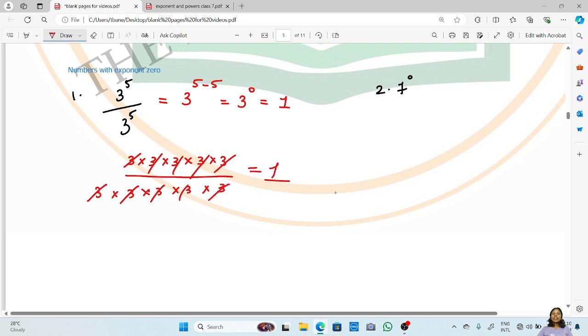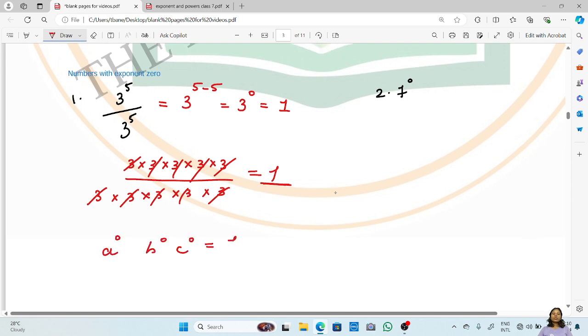Cancelled. So we get the answer as 1. Therefore, remember that any number raised to 0 is always going to be 1. So numbers with exponents as zero will always give us the answer as 1.